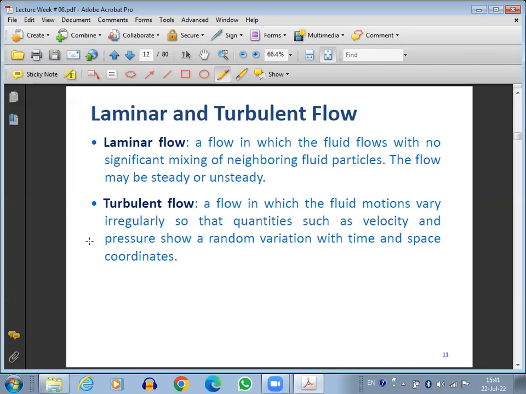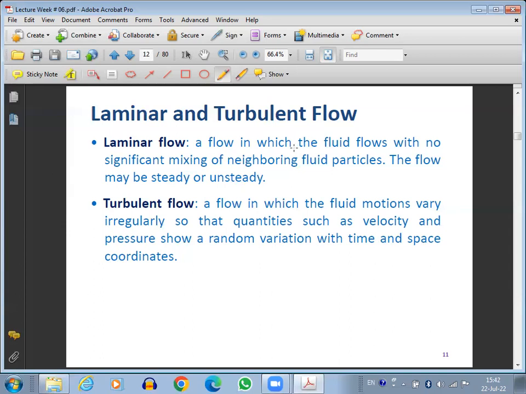Generally, laminar flows are the flows which are of comparatively less velocity. Turbulent flows are of comparatively higher velocity. But this definition is not correct. We cannot define just by velocity whether the flow is laminar or turbulent. There is a specific criterion through which we can actually determine if the flow is smooth or disturbed. So smooth is laminar, disturbed is turbulent.